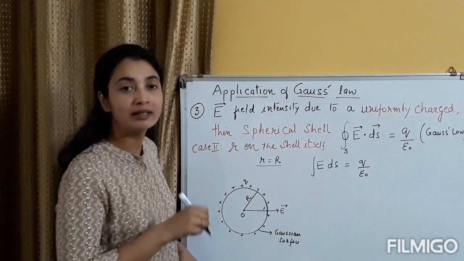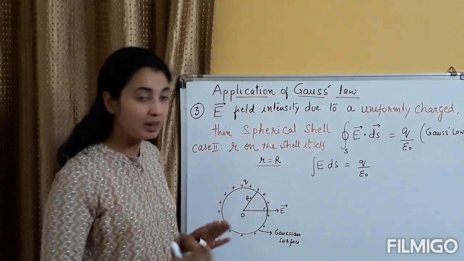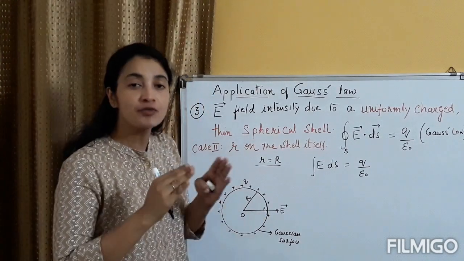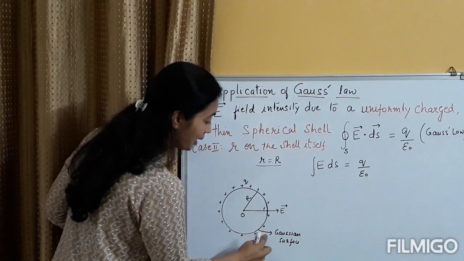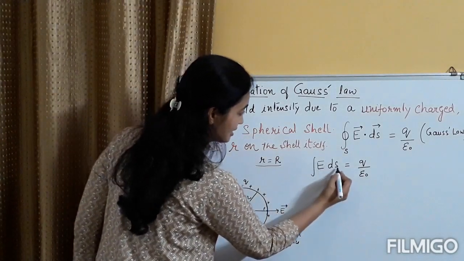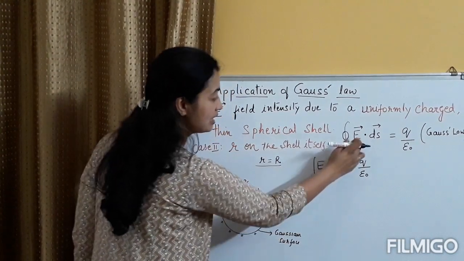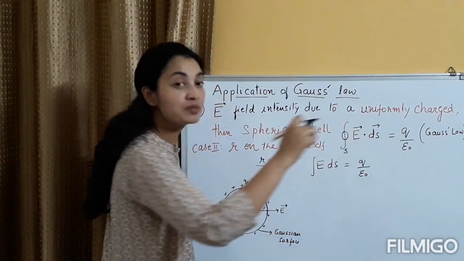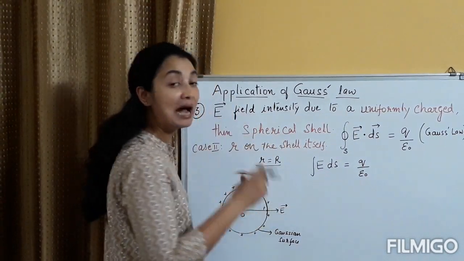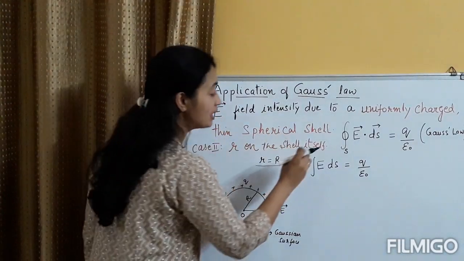We are supposed to find the electric field. So the case becomes all the more simple because the charged spherical shell itself will behave like the Gaussian surface, and we have E dot ds. The expression we have already got because we know the angle between E and ds. E dot ds becomes E ds cos 0, because the electric field and the area vector are in the same direction, so the angle between them is 0.